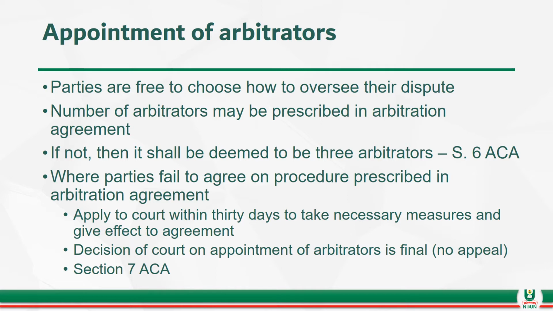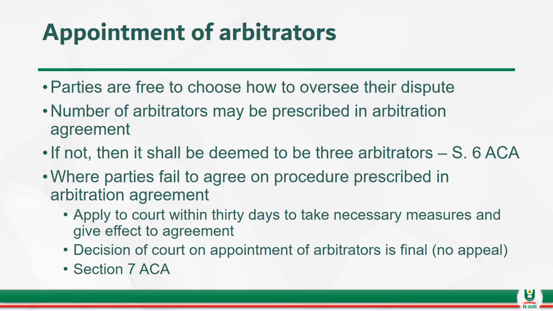If the parties have also not agreed beforehand on the procedure for appointment, then there are two things that can be done. Let's say one party is trying to follow the arbitration agreement, and the other party is not cooperating or is trying to frustrate the entire process.